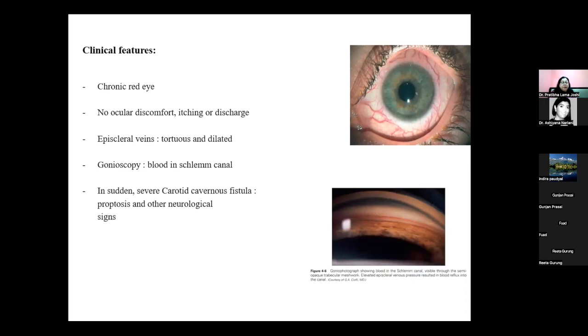And if the episcleral venous pressure elevation is due to a sudden or severe carotid cavernous fistula, then we may see proptosis and other neurological signs.